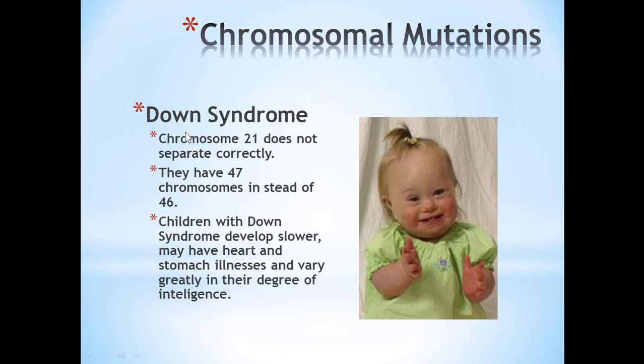Down syndrome. The baby has this kind of appearance with 47 chromosomes. They develop slower than normal humans and they have many illnesses, and vary greatly in their degree of intelligence.